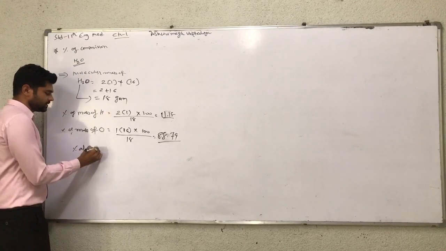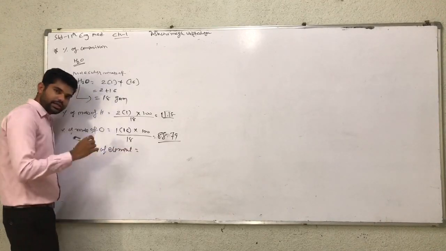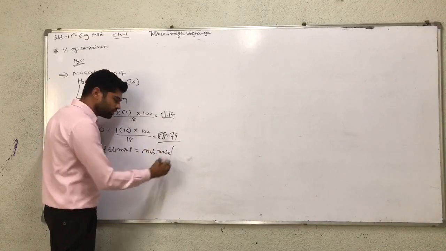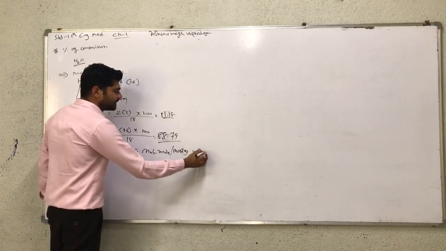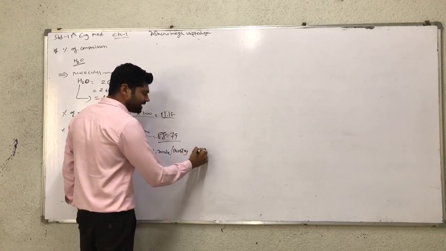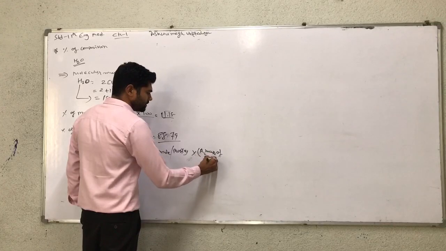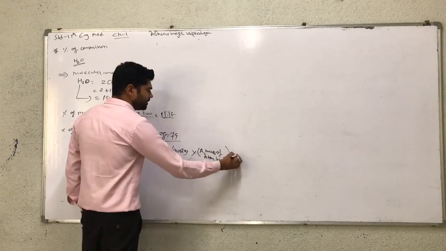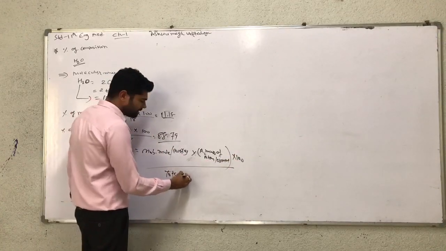So the equation is: percentage mass of an element is equal to the number of moles, or number of particles, multiplied by the atomic mass of the atom or element, multiplied by 100, divided by the total mass.